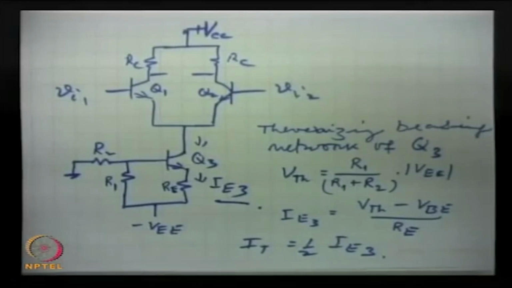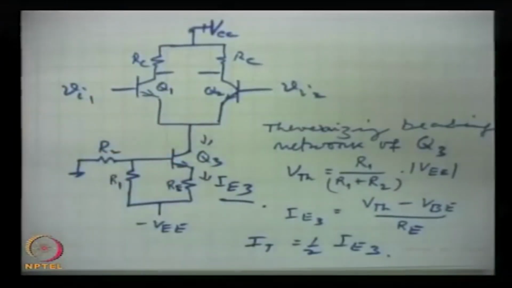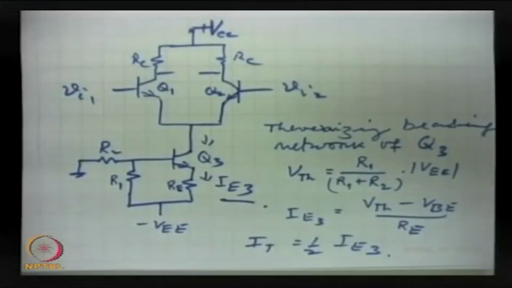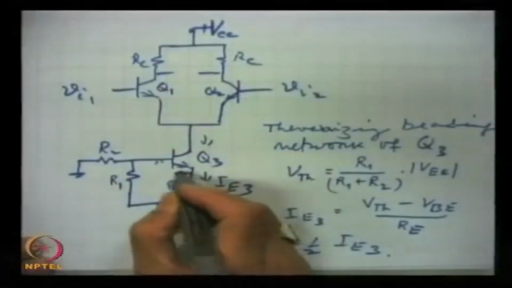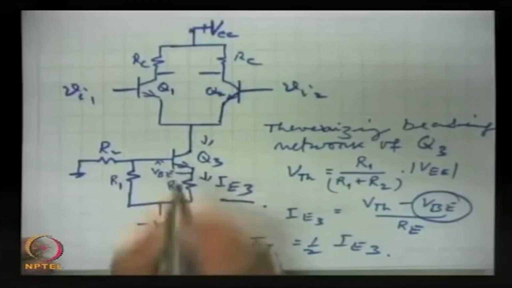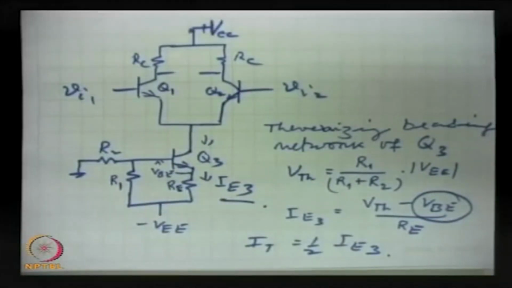Now, in this arrangement, which is very widely used, we have taken care of one factor, and that is of the current source. This current source will have a much higher impedance, source resistance, in comparison to the previous arrangement, but still there can be some variations because of this voltage VBE, which is temperature dependent.